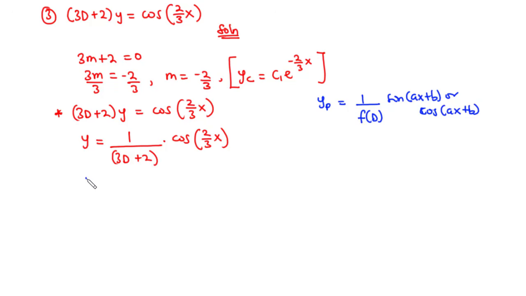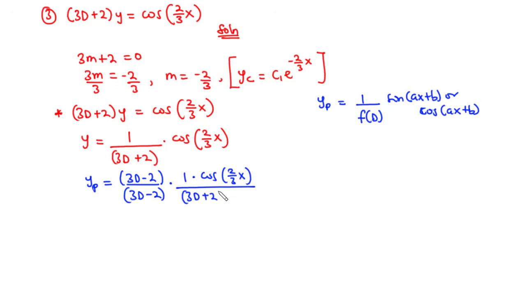So we are going to have yp equals 3D minus 2 over 3D minus 2, times 1, so let's say times cos 2 over 3 x, all divided by 3D plus 2.